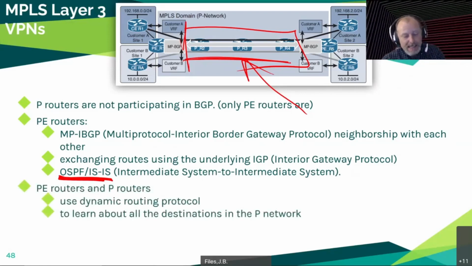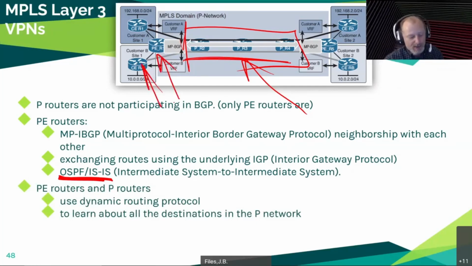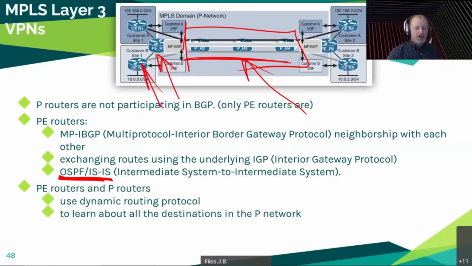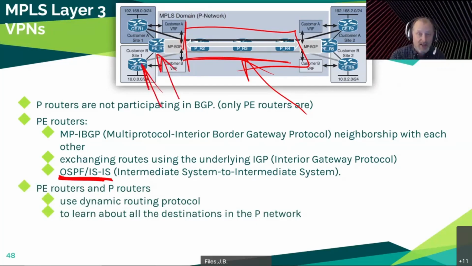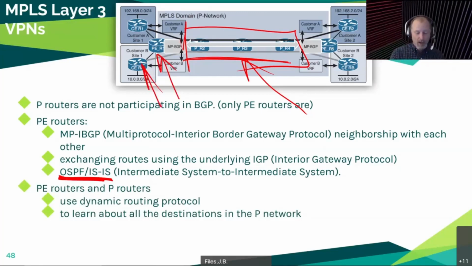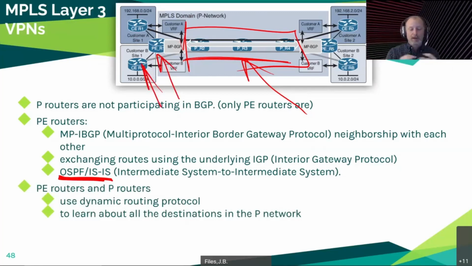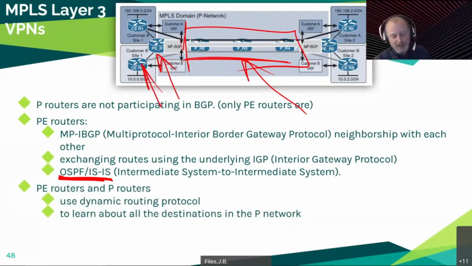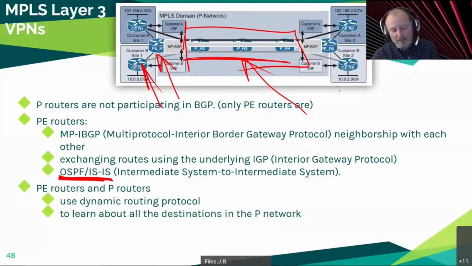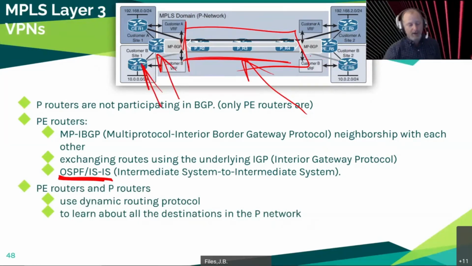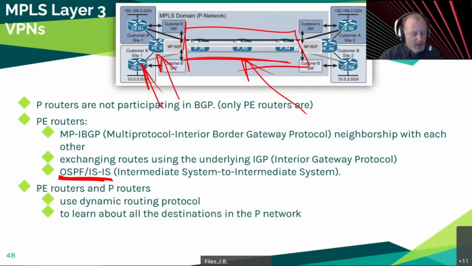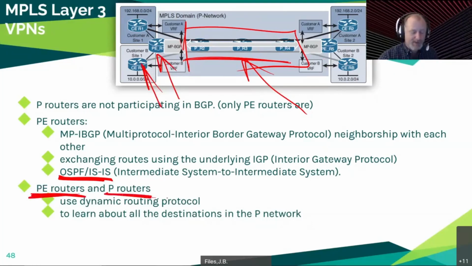So the provider edge routers and the provider routers are going to use the dynamic routing protocol to learn about all the destinations in the provider network. Okay, so I'm sorry, I think I said customer.